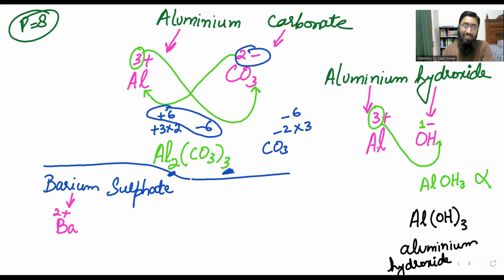And its atomic number is 56. It has a big atomic number, and you see, its group number is 2. So without doing electronic configuration, we can figure out it has 2 electrons in the outermost shell, and it will donate 2 electrons, and in this way it will carry plus 2 charge.